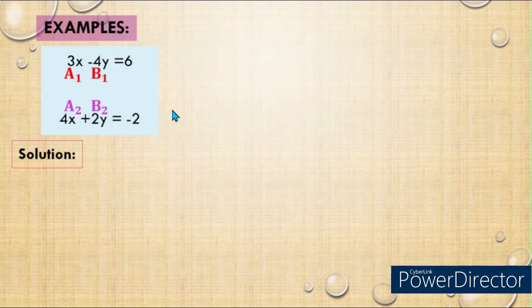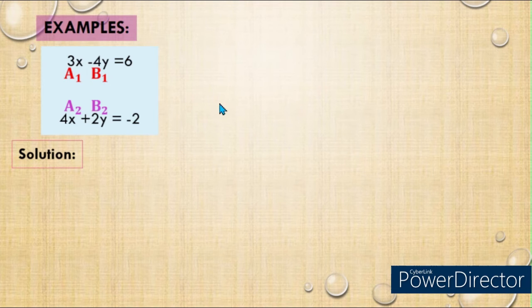So, yung gagamitin natin, take note ha, if a sub 1 divided by a sub 2 is not equal to b sub 1 divided by b sub 2, meaning the ratio of the numerical coefficients of the x term is not equal to the ratio of the numerical coefficients of the y terms.